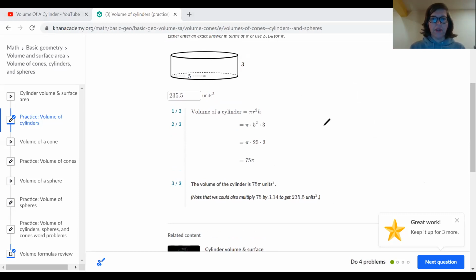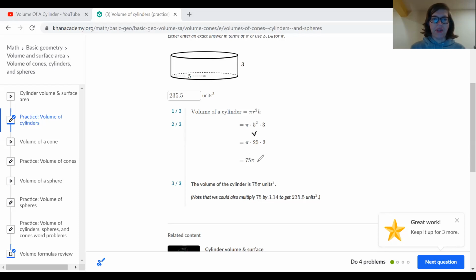Okay, here's a step-by-step look at the problem, right? So volume of a cylinder equals pi r squared times h, which is what we did. So you substitute 5 for the radius, so 5 squared, h, the height was 3, and then they solved, right? 5 squared is 25, 25 times 3 gives you 75, right?